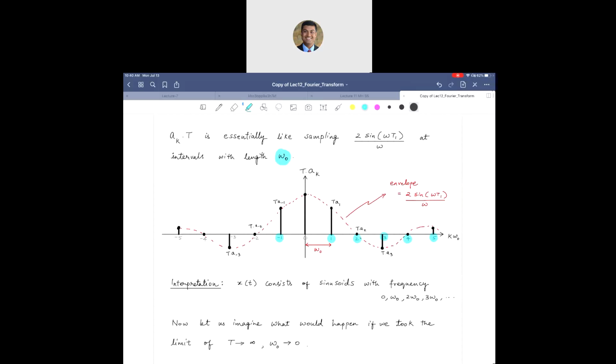And also on the other side you have negative 1 ω0, negative 2 ω0, negative 3, negative 4, negative 5. Those are all intervals of length ω0.